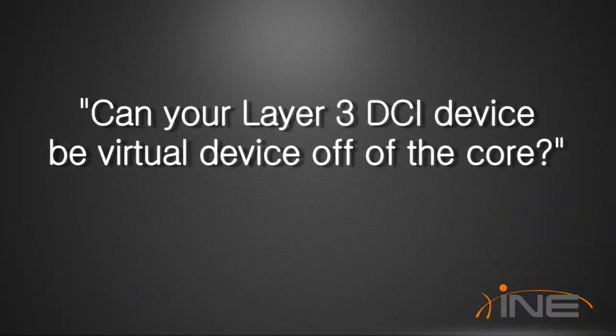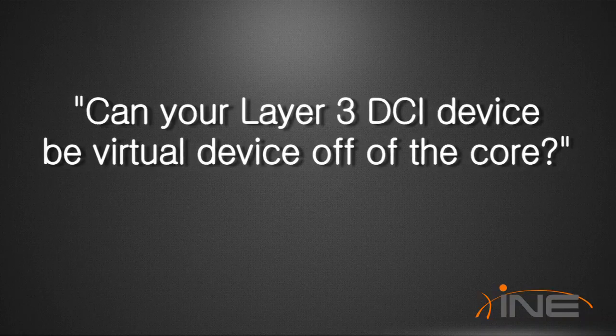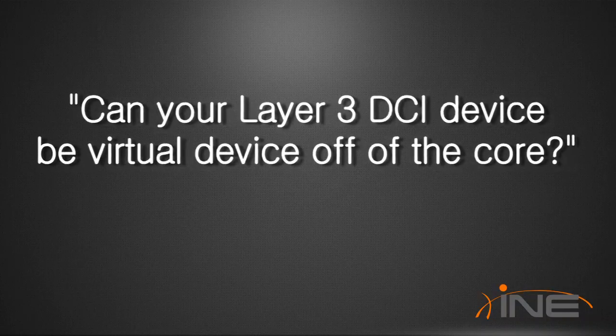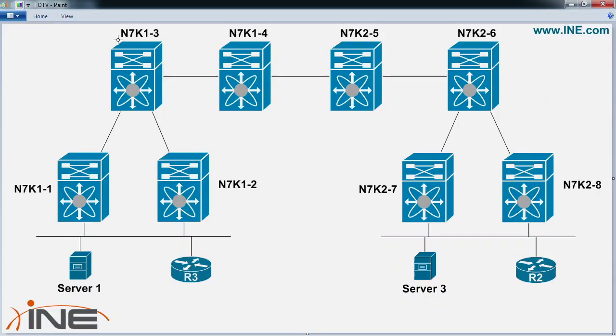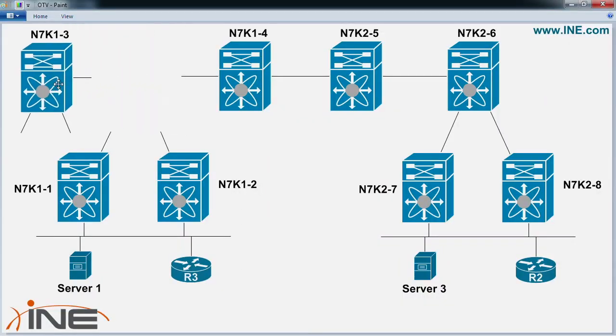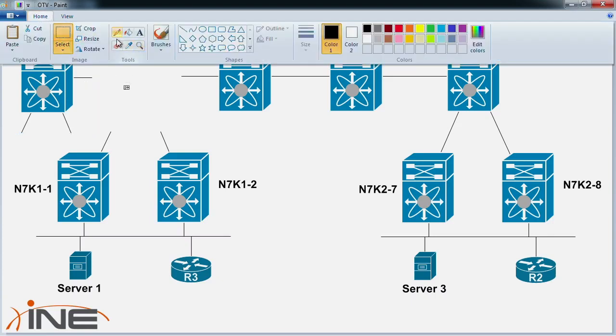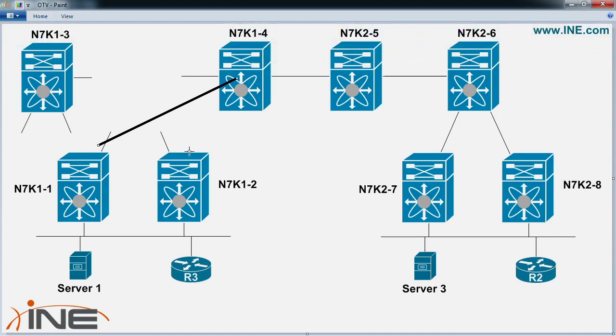Can your layer 3 DCI device be a virtual device off of the core? What you could do is have a case like this, where this could be your core, and the layer 3 uplinks, let's say the layer 3 network goes like that.